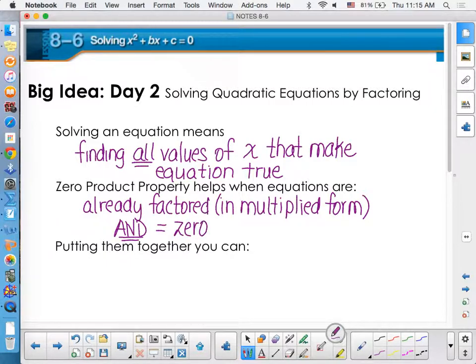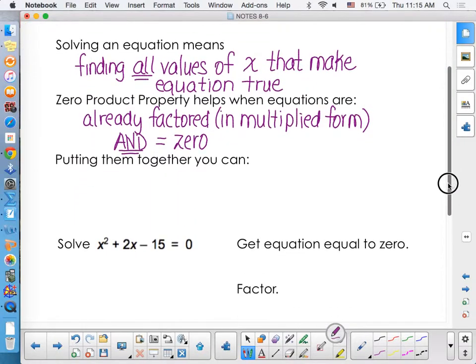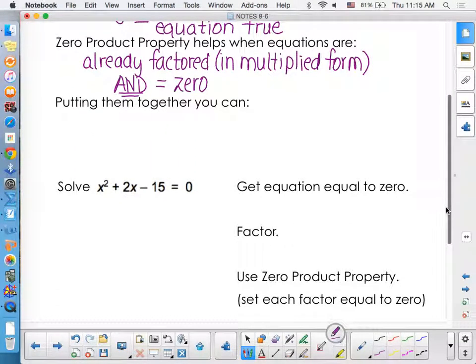Because remember, that's the game we can play. Two things multiplied together to equal 0 means that we can solve and find values that will work. So putting them together, we can first factor an equation and solve it. So we're going to try that out.